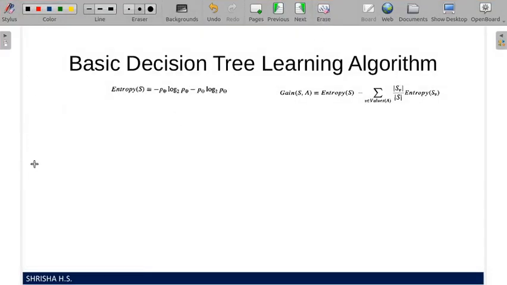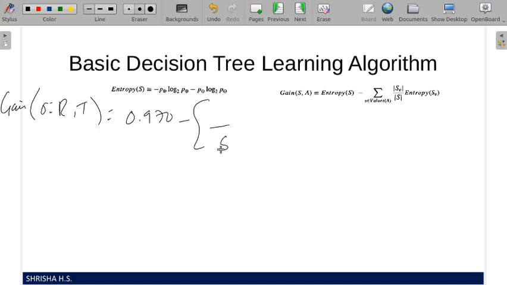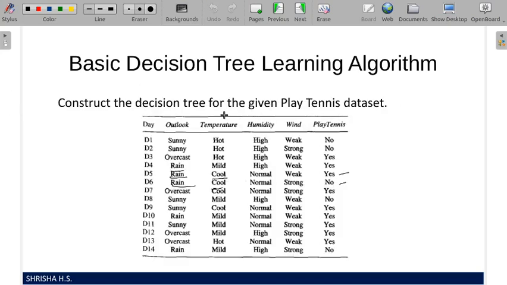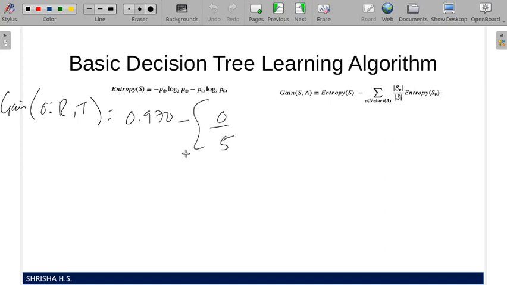start calculating the information gain where outlook equal to rain and with respect to temperature. So 0.970 entropy of this combination, minus, so there are 0 instances where temperature is hot and outlook equal to rain, so that resulted in 0.